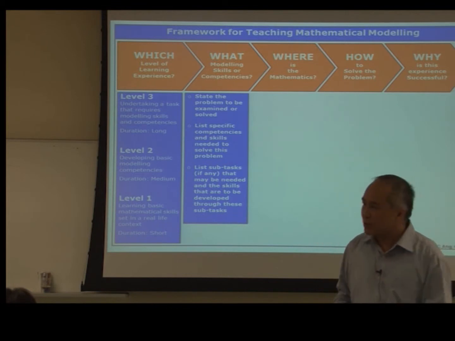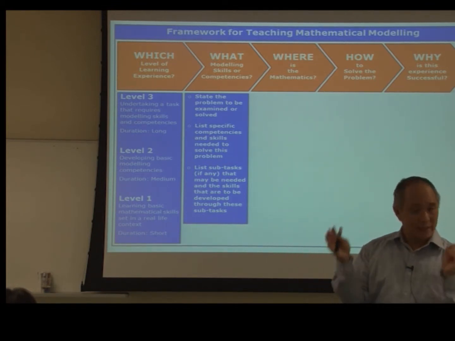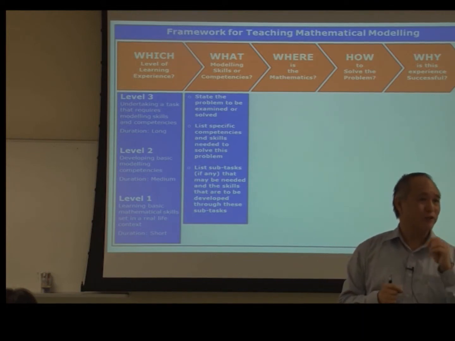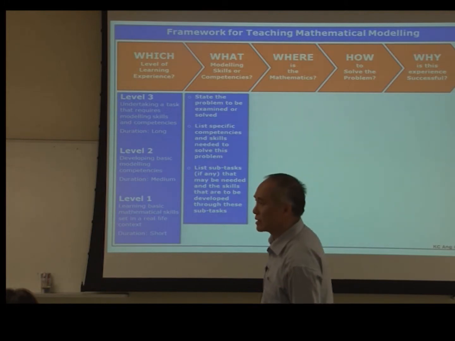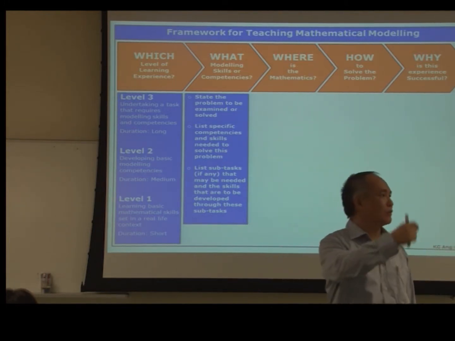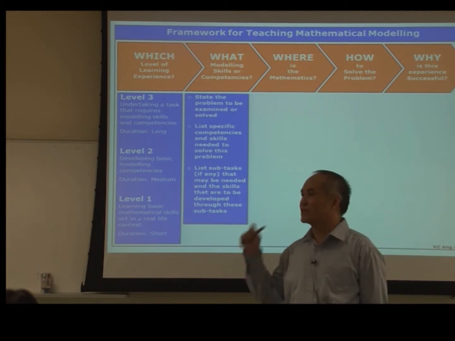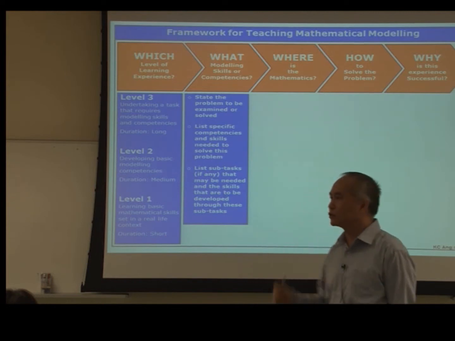Now, sometimes you may not want to do that because you want students to scope it themselves. That's also fine. But they must have already achieved that ability to be able to make some assumptions and things like that. It will be useful if you are also able to list the kind of competencies that you expect in your lesson in order to solve the problem.